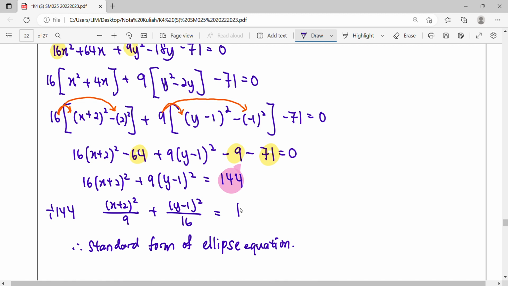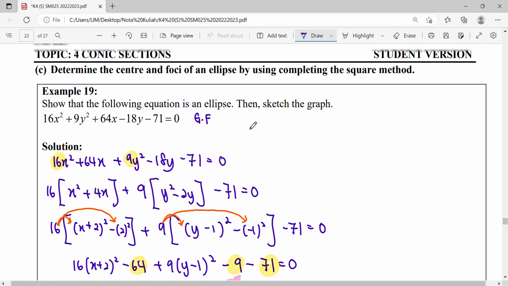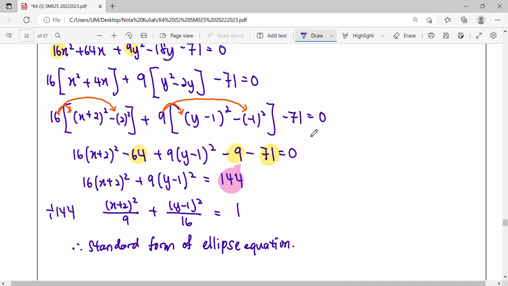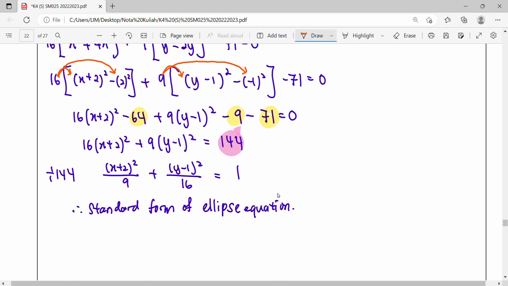So with this standard form, we start to take out the information so that we can draw the graph. The information that we need here will be 4 pieces of information: what is your center, what's your a, what's your b, and what's your c.